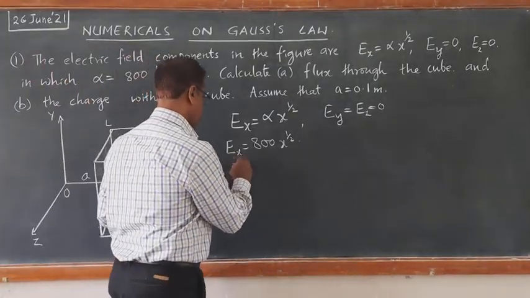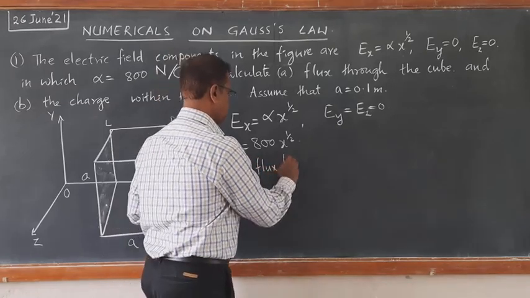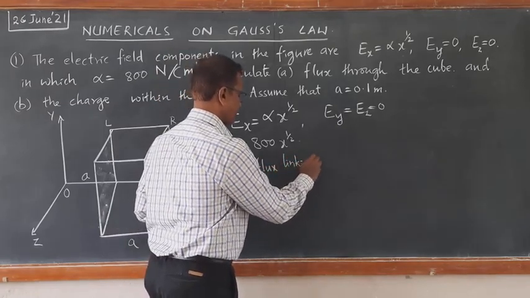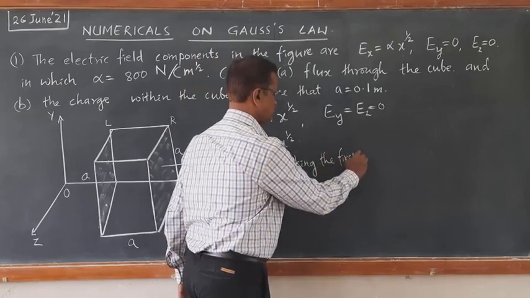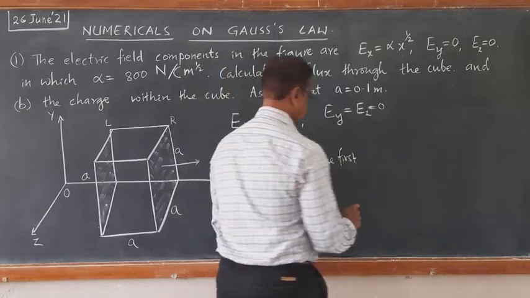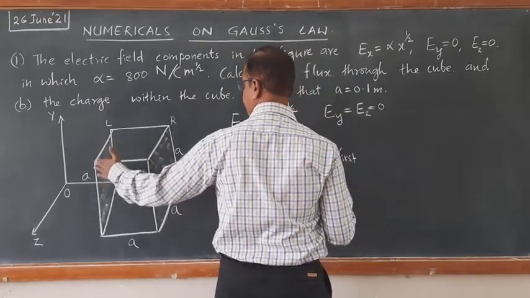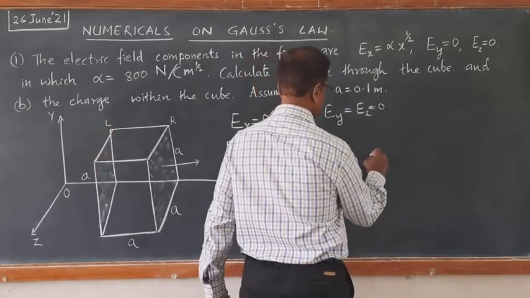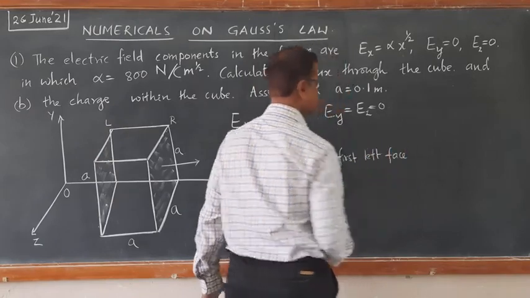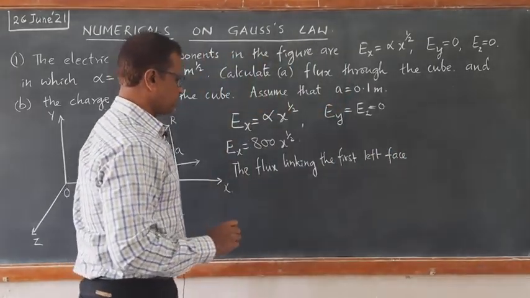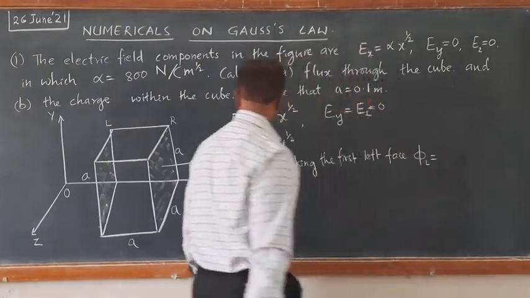So I will write first the flux linking the first YZ plane, the first left side plane, the left face. I will write it as phi L. Phi L.